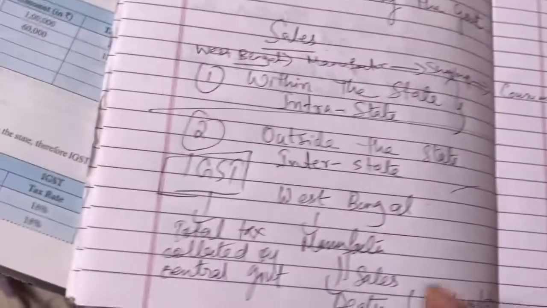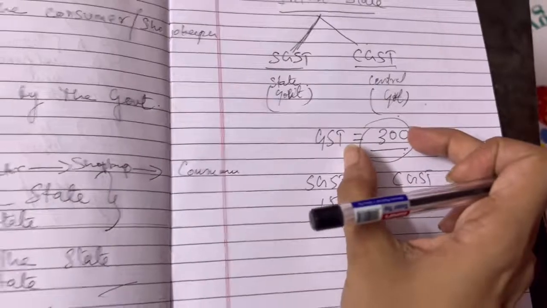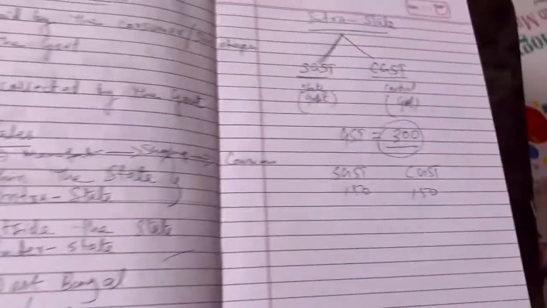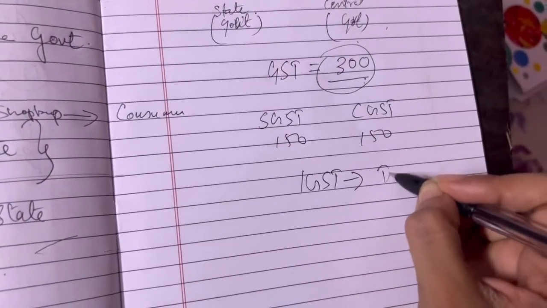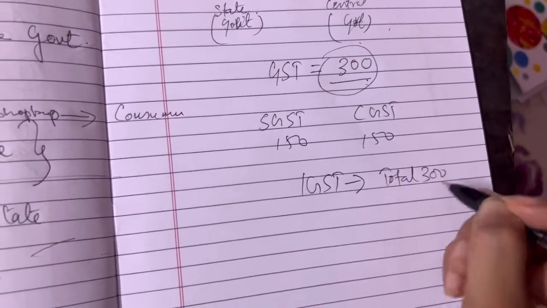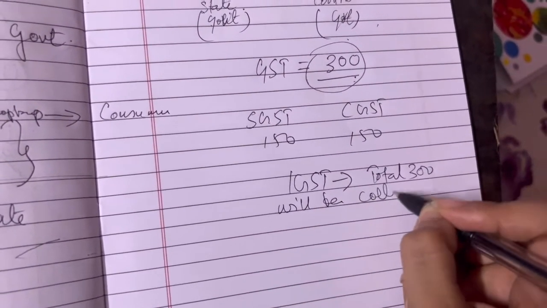But in case of interstate, IGST, the whole 300 will go to the central government. It will not be collected by the state government.